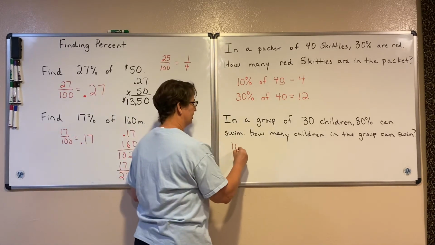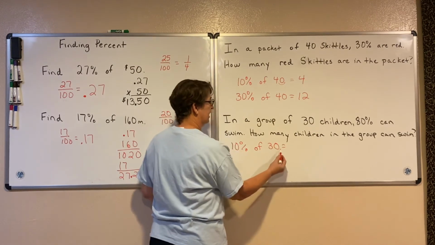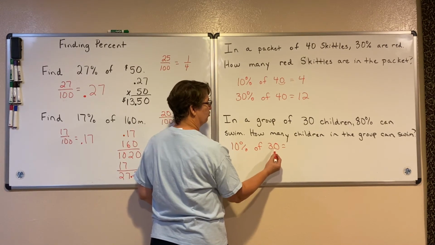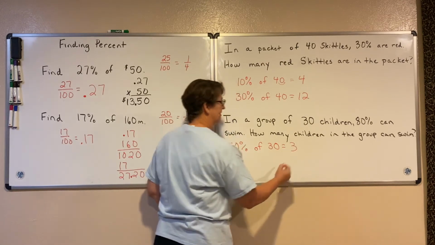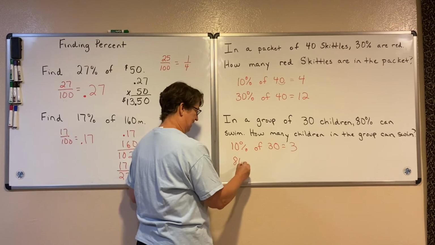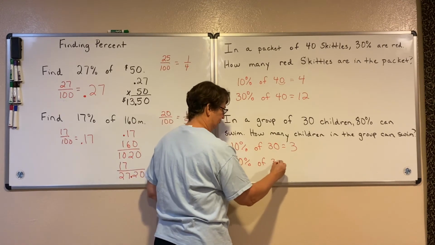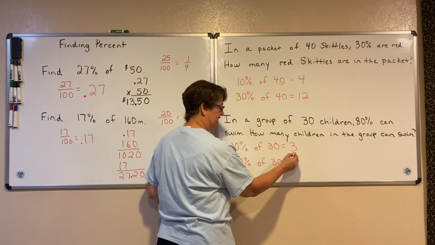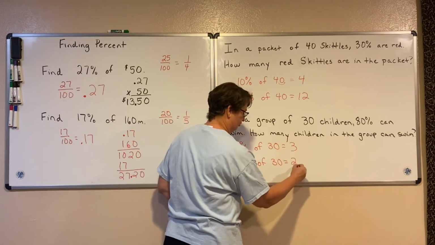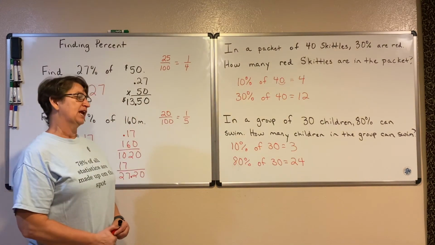We know that 10% of 30, again, it just moves that decimal spot over one spot. So that's equal to 3. So then 80%, we just take that and multiply it times the 8. 80% of 30 then, you take 8 and multiply it times the 3 to get 24. So that tells us 24 children can swim.